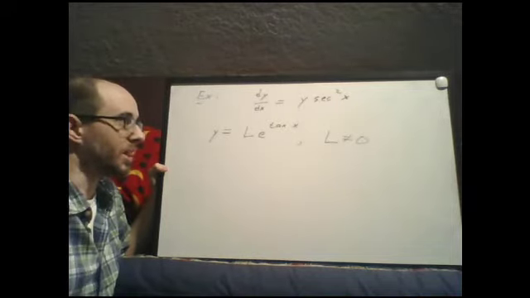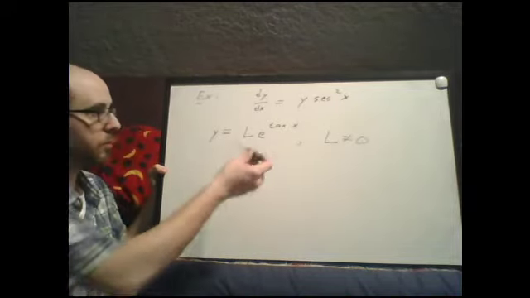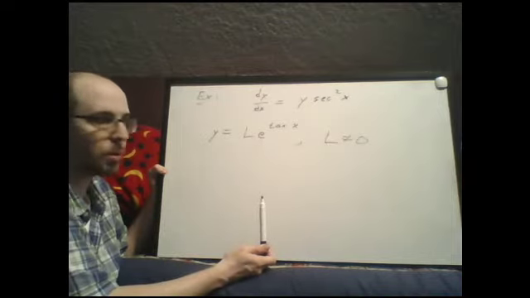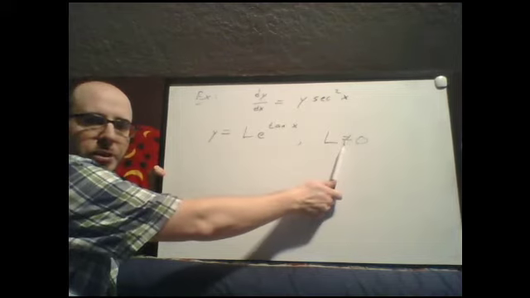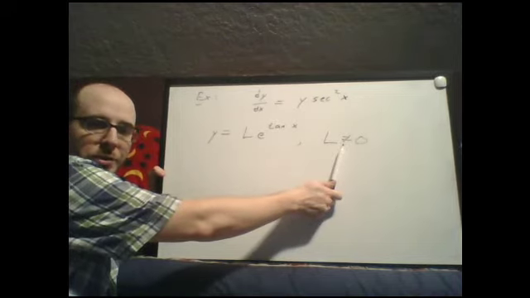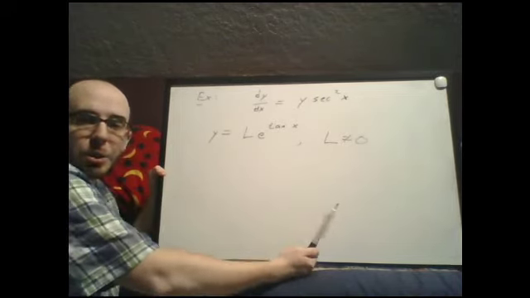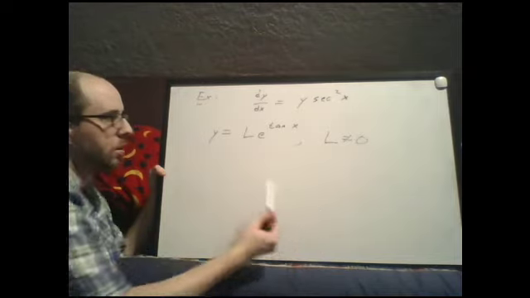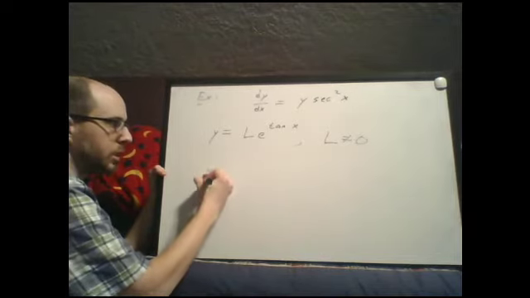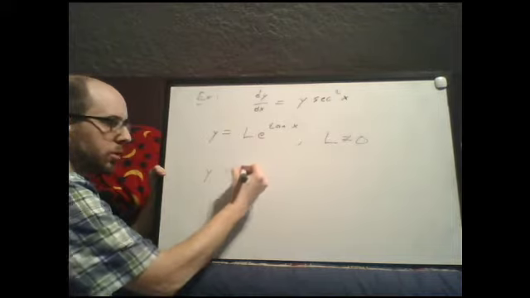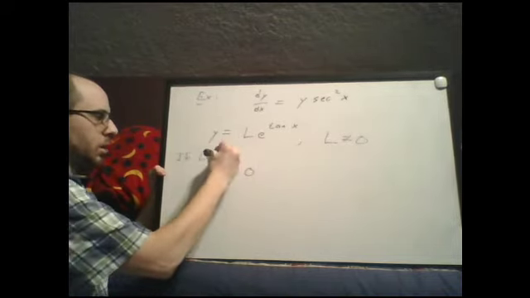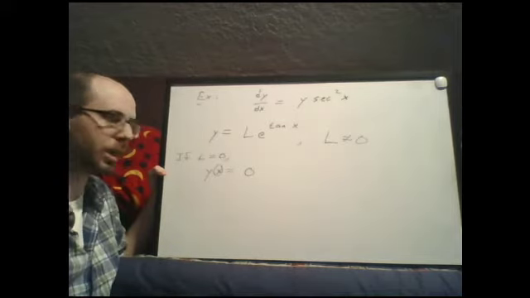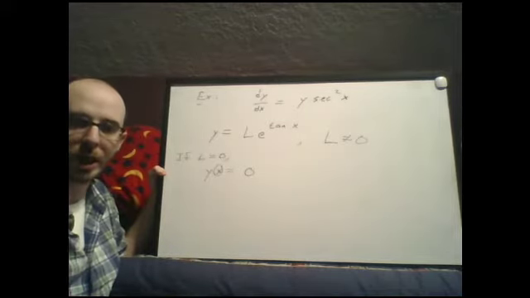That's almost a very nice formula, L times e to the tan x. But I've got this kind of artificial looking condition that L could be anything other than 0. What if L equaled 0? Then I would get the function y of x equals 0, the constant 0 function.